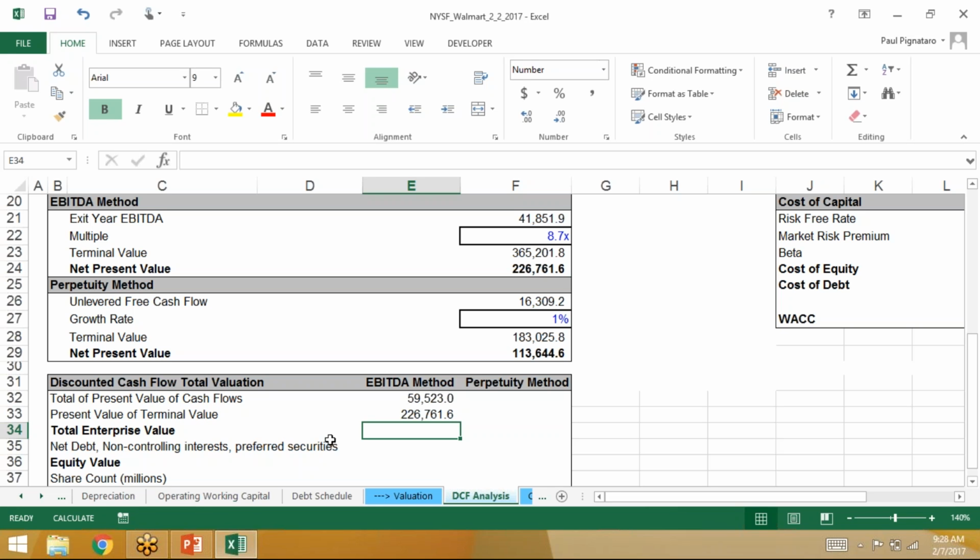Okay, enterprise value is the sum of the two. This gives us enterprise value. Why is this giving us enterprise value, not market value? What do you think? Well, it's based on our cash flows, not based on shares outstanding.